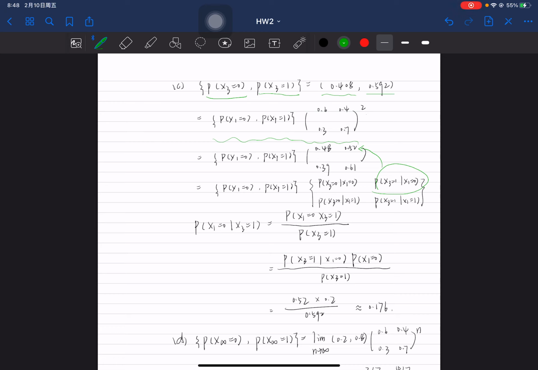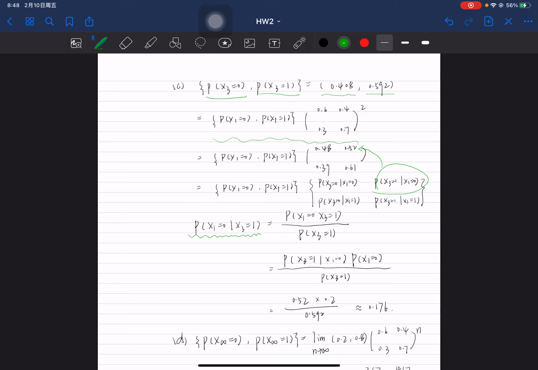Question C needs us to find the probability of x1 equals 0, assuming x3 equals 1. This is according to the conditional probability definition.